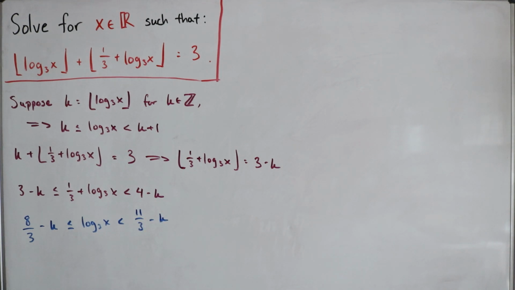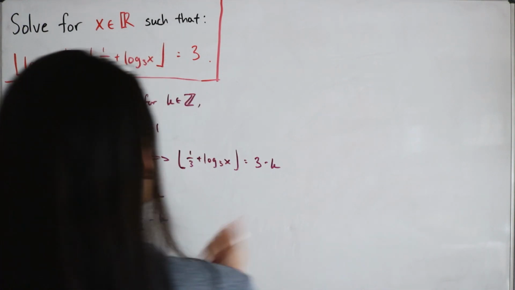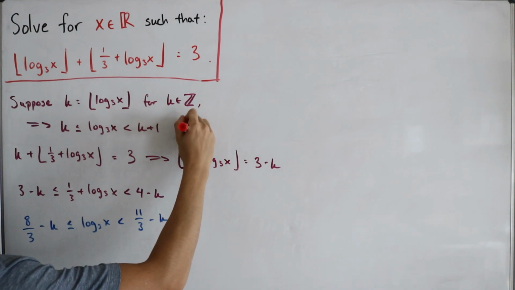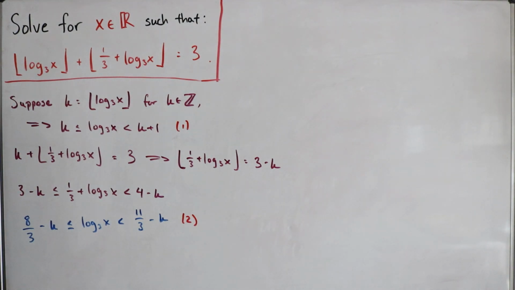Now let me label these equations, which will come in handy to put everything together as the final step. This is equation 1, and over here is equation number 2.